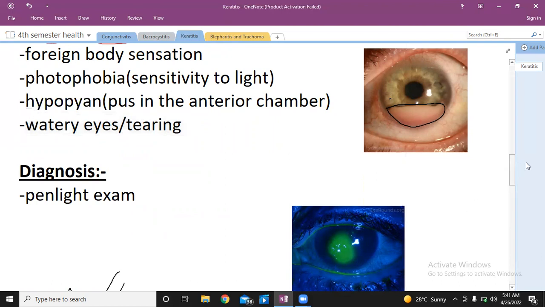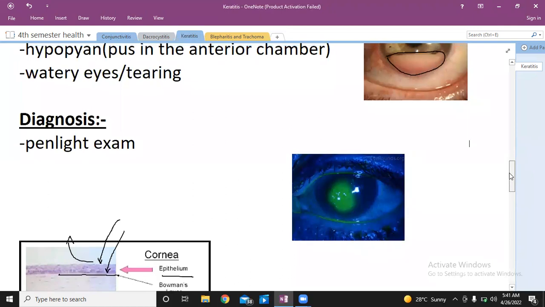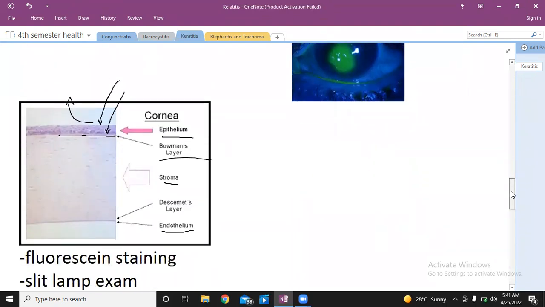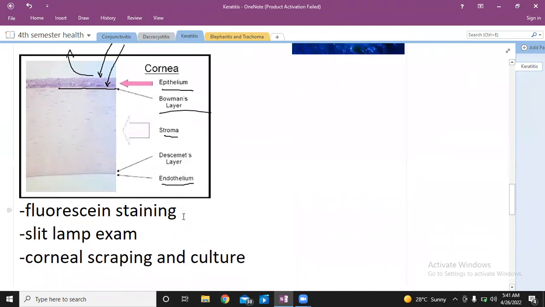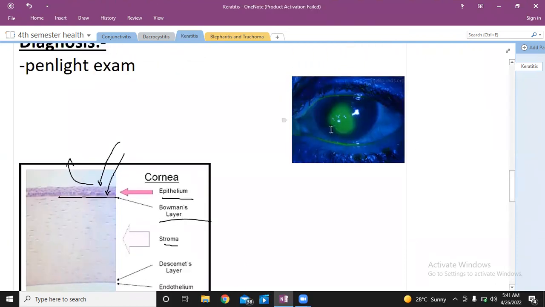Too many tears. How do you make your diagnosis? You have to make your diagnosis clinically by using pen light examination, or you can also use slit lamp examination. To know about the corneal perforation and abrasion level, you can use fluorescein staining. You have to stain the eyes with fluorescein, then wash it, and after washing, look into the eyes under neon light.